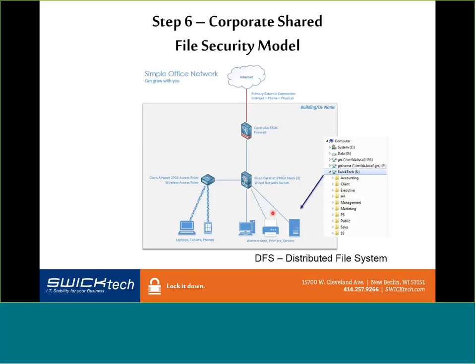Should that data get moved somewhere else, we can change that representation behind the scenes, and then I don't have to learn anything new with the location. I'm still going after it under my Swick S drive. That definitely helps simplify the controls. Having that central storage also helps simplify the backups and auditing if you want to do actual auditing of who accesses files and so forth.